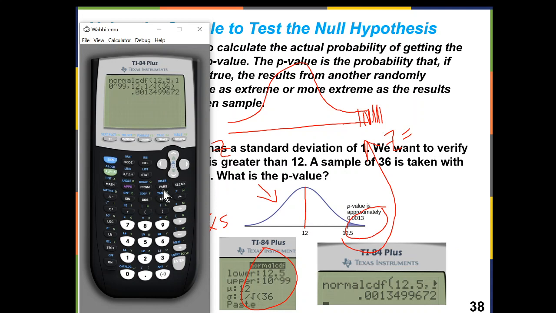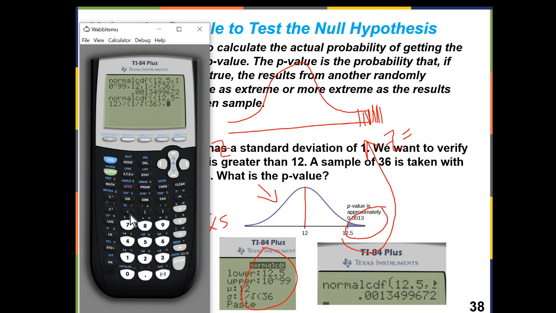But if we go to normal CDF again, this time we're going to go to the right of that z. What is that z? Well, we could just put it here. The calculator calculates it. That z is 12.5 minus 12 divided by 1 divided by the square root of 36, right? I guess I need enough parentheses.